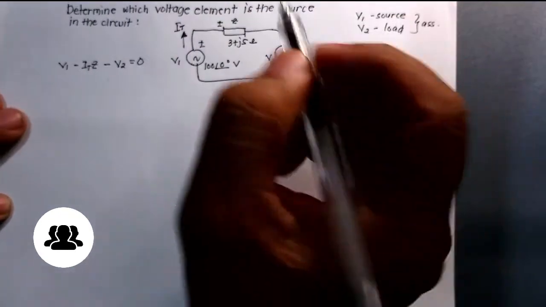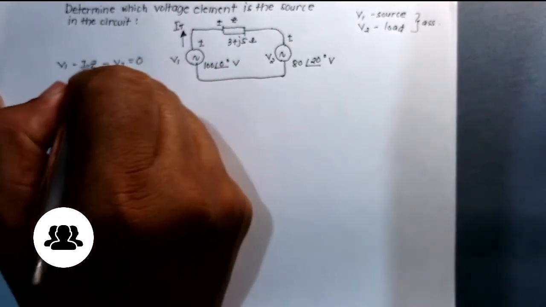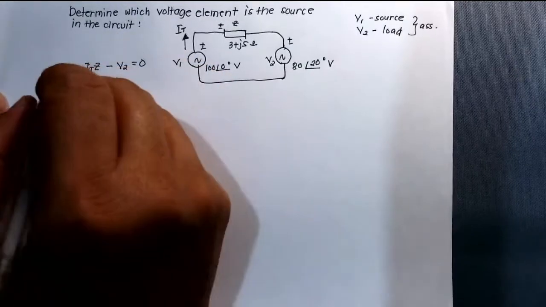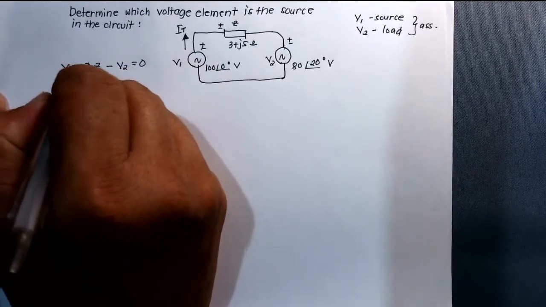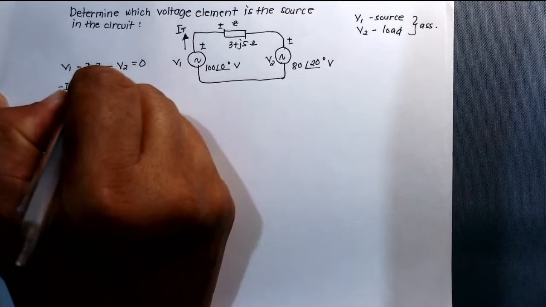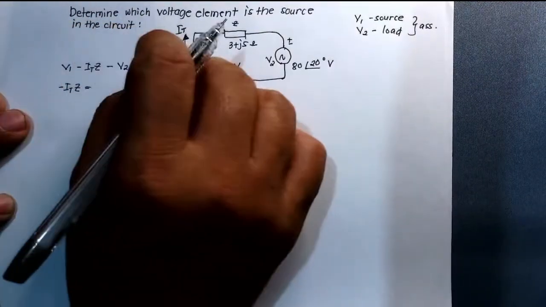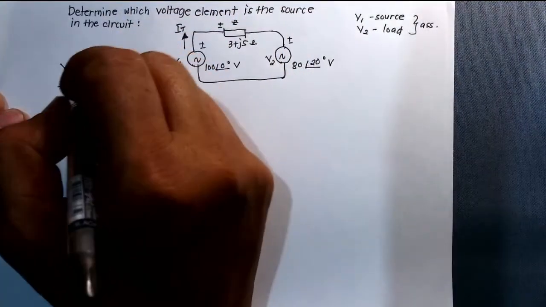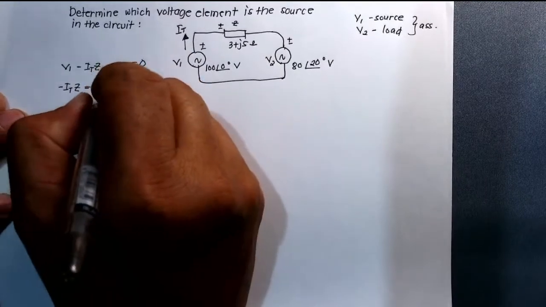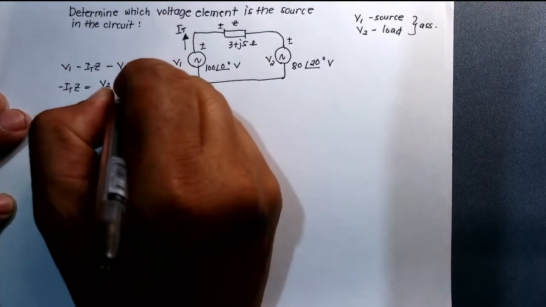So if this is the case, I can now get my I sub T. So negative I sub T times Z. I will put the other voltages on the right side, and the sign will change. So this will become positive B sub 2 minus B sub 1.